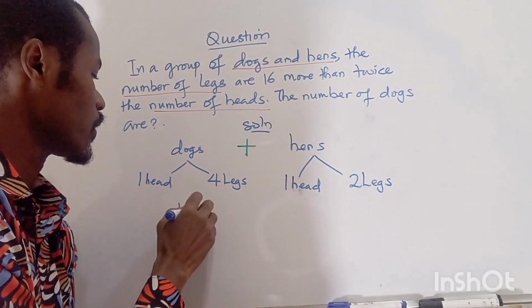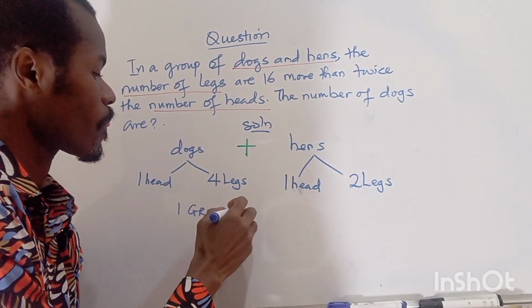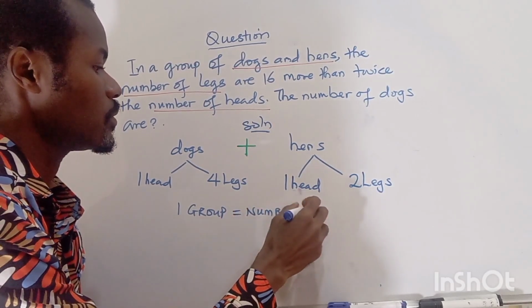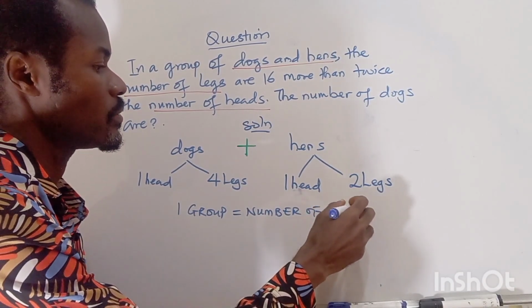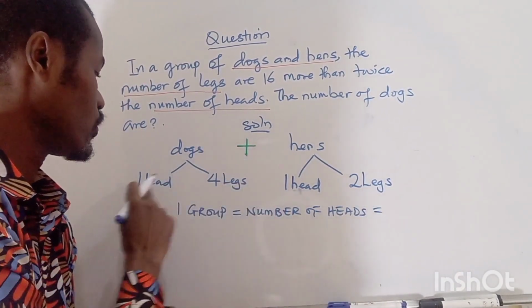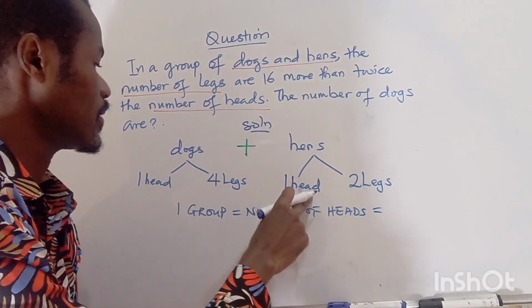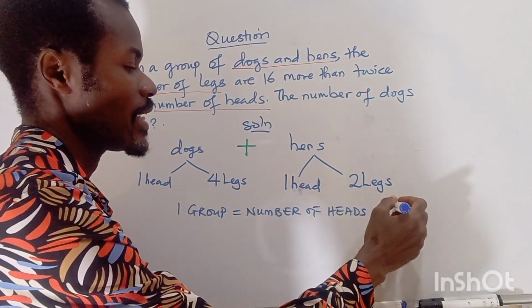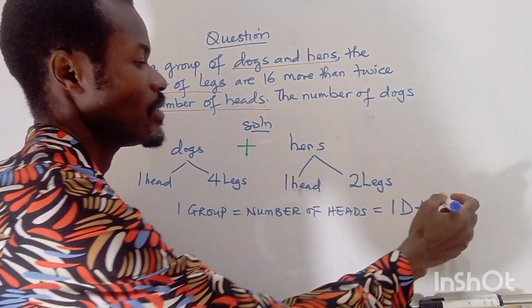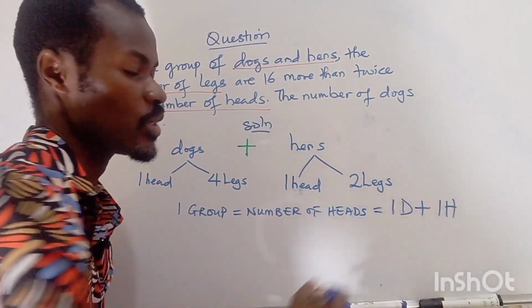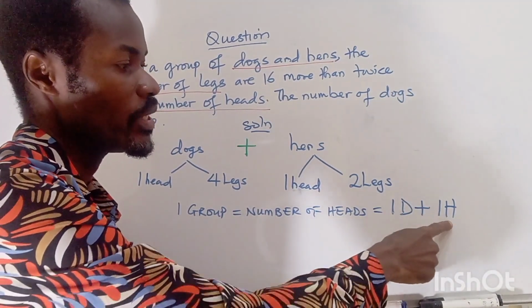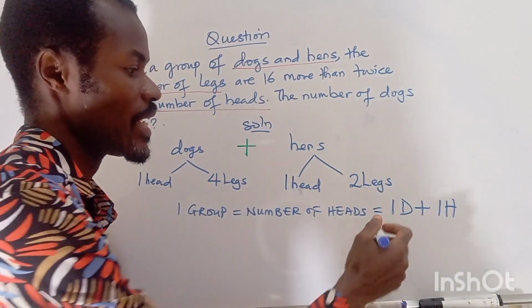For one group, the number of heads is going to be just one head of the dog, let's call that D, plus one head of the hen, let's call that H.